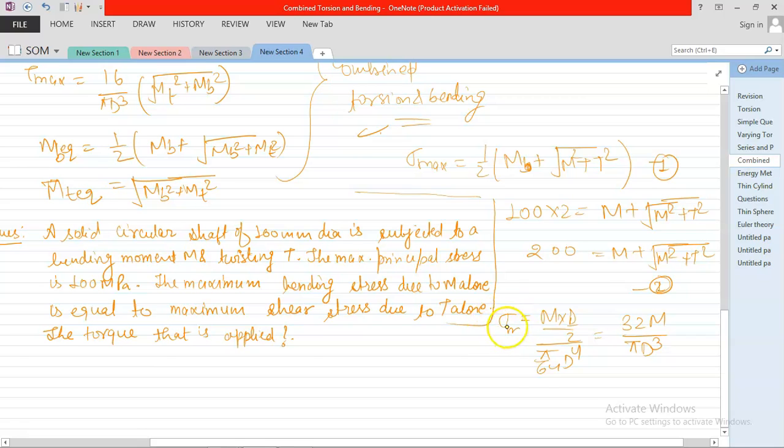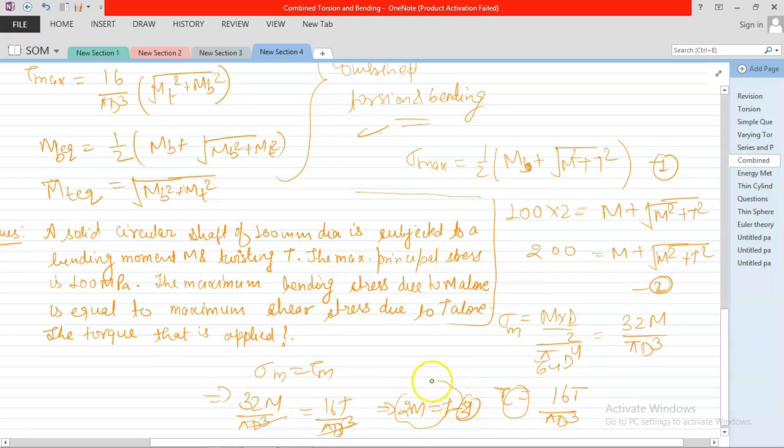And maximum shear stress is 16 T upon pi d cube. Both are equal, so sigma m is equal to tau m, that means 32 M upon pi d cube is equal to 16 T upon pi d cube. Now you can see that 2M is equal to T. This is your third equation.